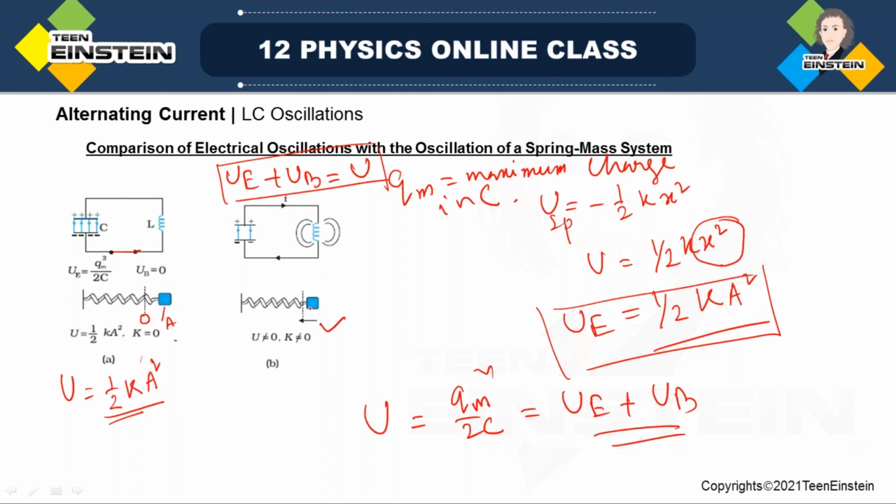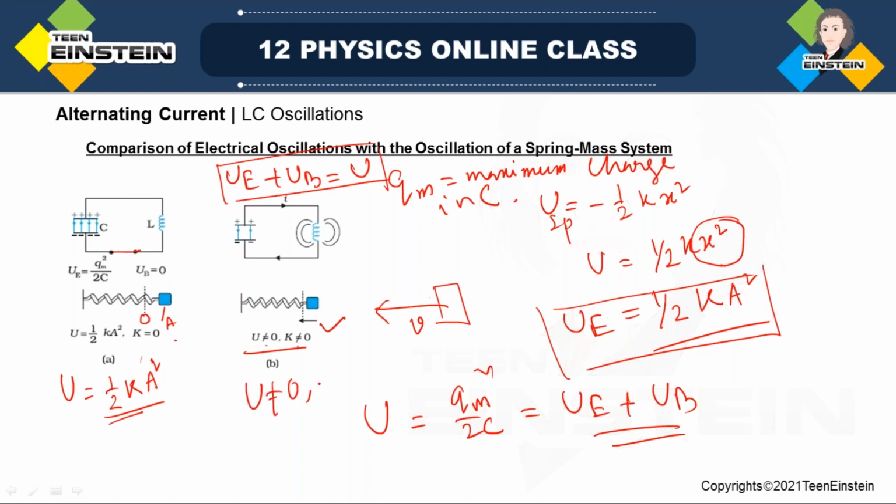Now in this case, look at the mechanical system you have already released. When you release, the block will move towards the equilibrium, towards O. It will gain some kinetic energy because there is a velocity, half mv square. So there will be both kinetic energy and potential energy non-zero.